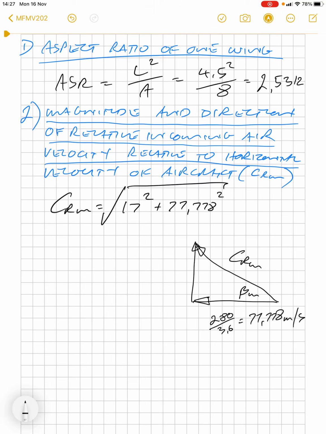That's our horizontal velocity of the aircraft relative to the ground. We also know the climb rate of 17 meters per second. So therefore we can calculate CRM using Pythagoras. And that will give us 79.61 meters per second.